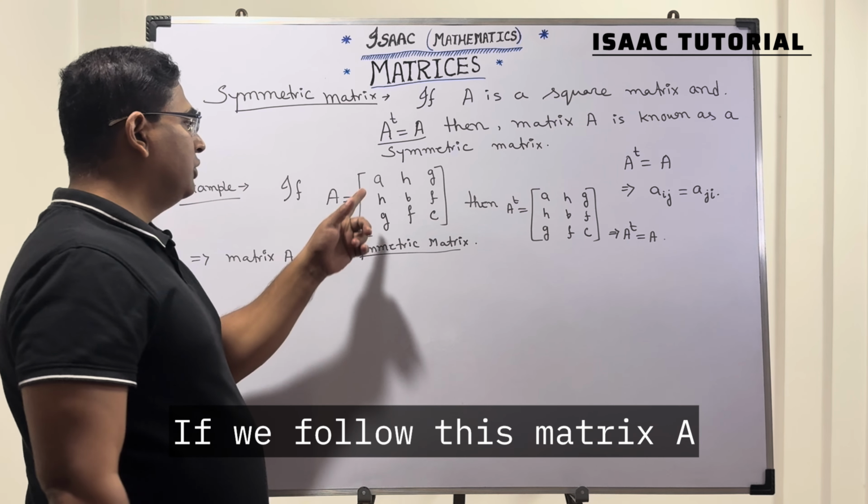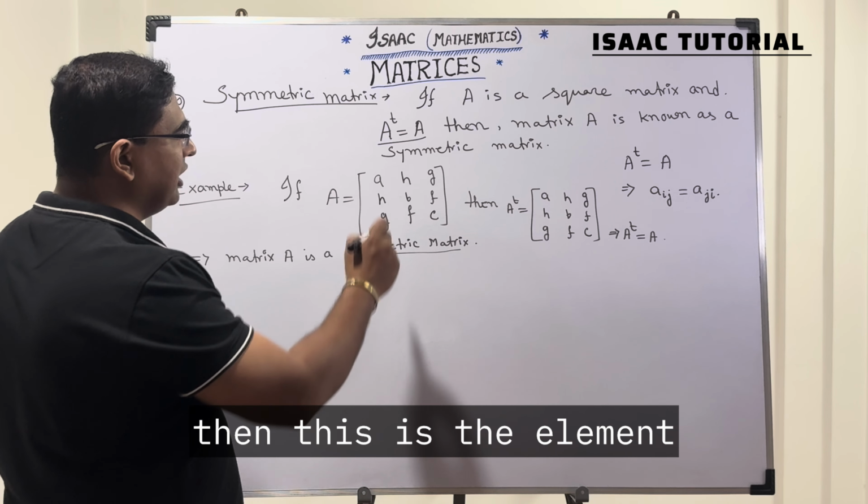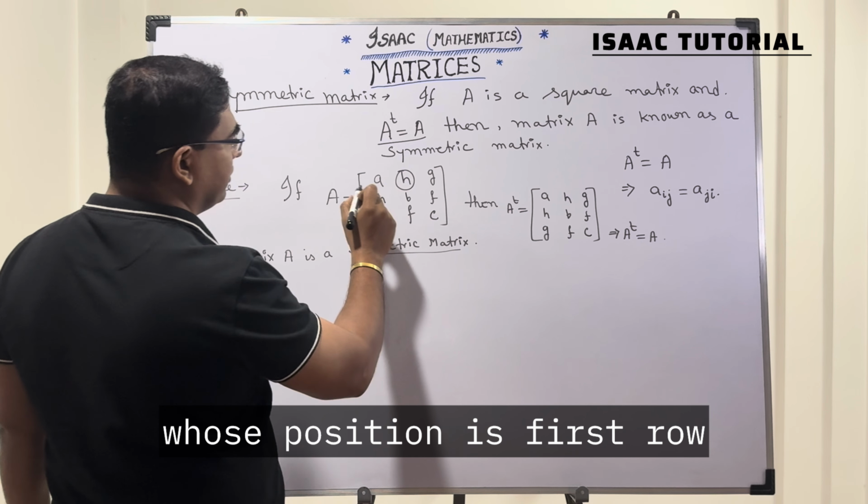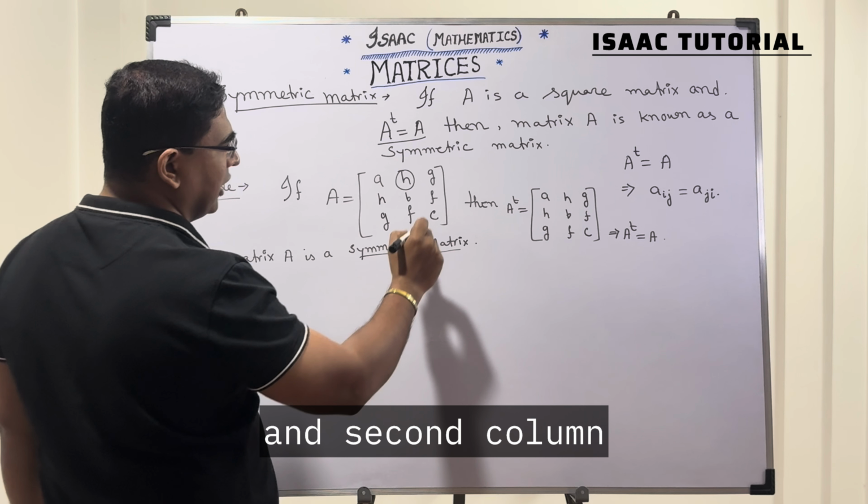If we follow this matrix A, this is the element whose position is first row and second column.